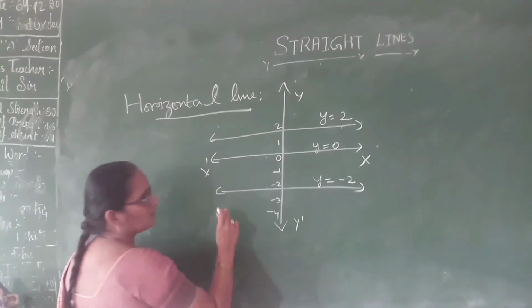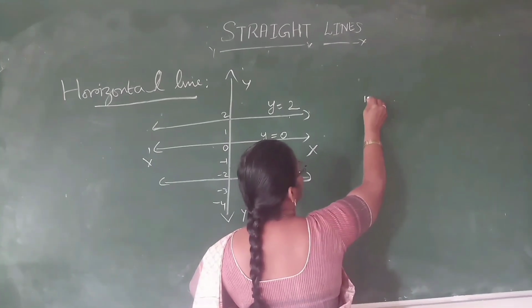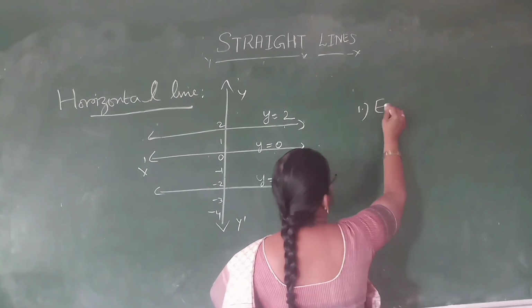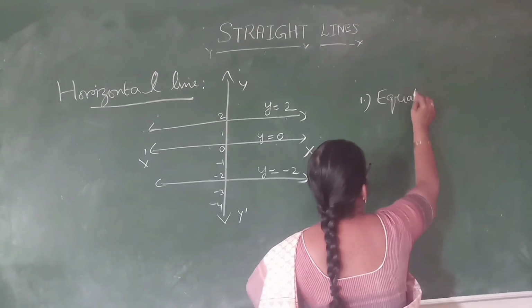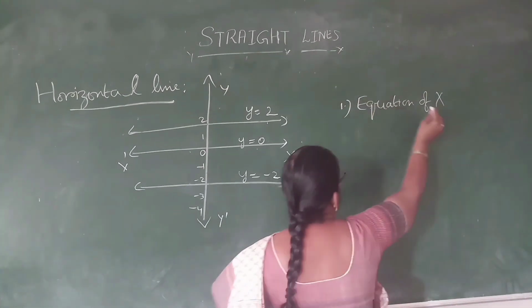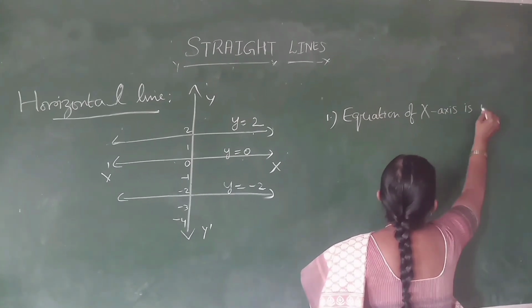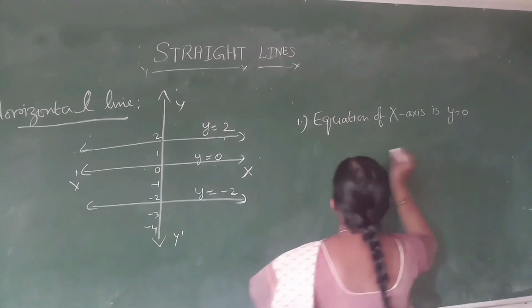From this you can note down 3 important points. First point, equation of x-axis is y equal to 0.